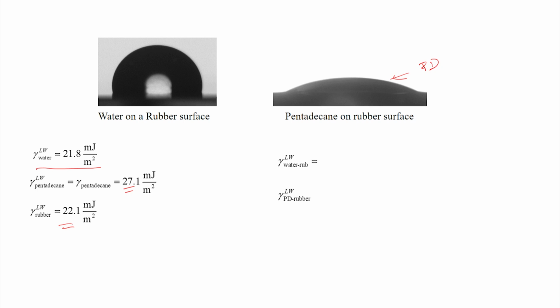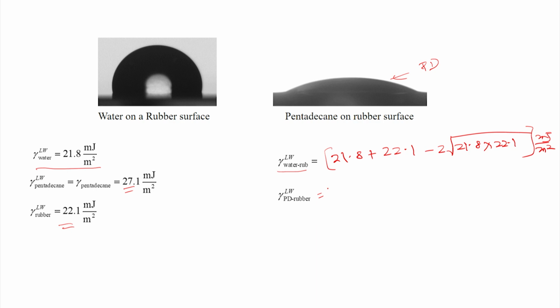So, let us try to find out what will be the LW component of the interface between water and rubber. As it is given, this is gamma 1 LW, that is 21.8 plus rubber, that is 22.1, minus 2 into square root of 21.8 into 22.1, this many millijoule per meter square. So, we have to calculate it.